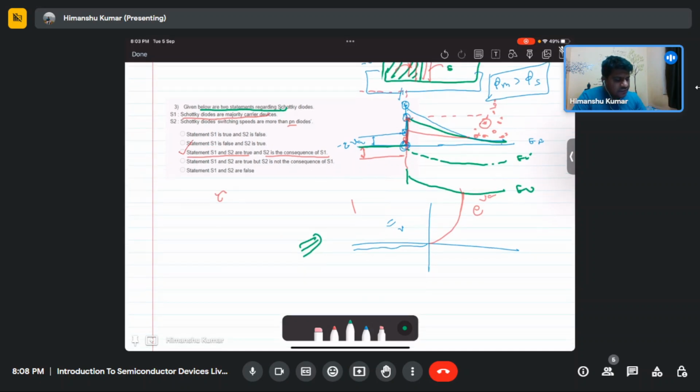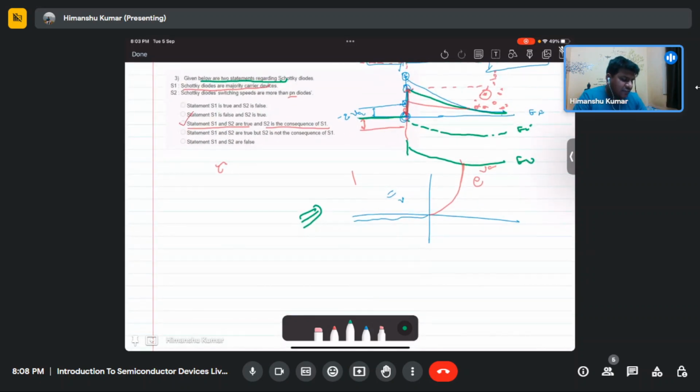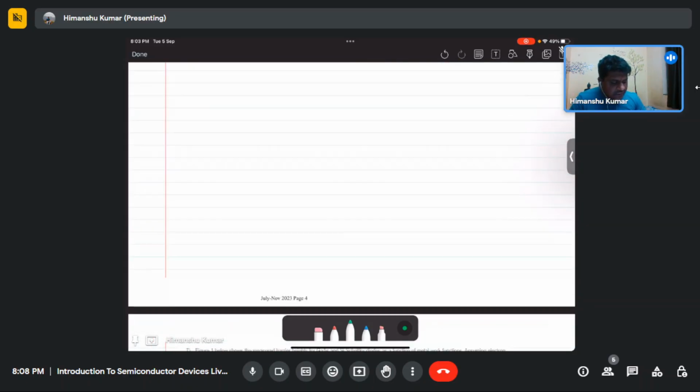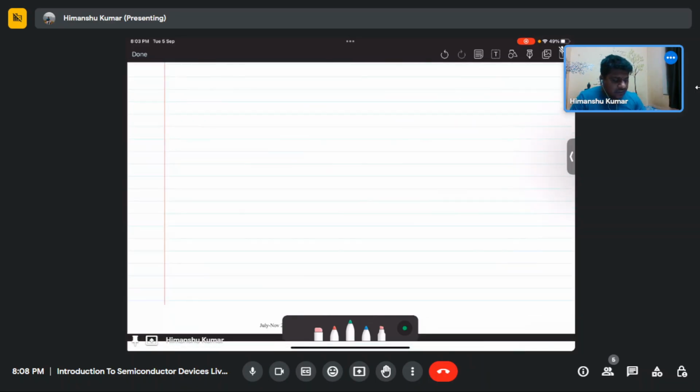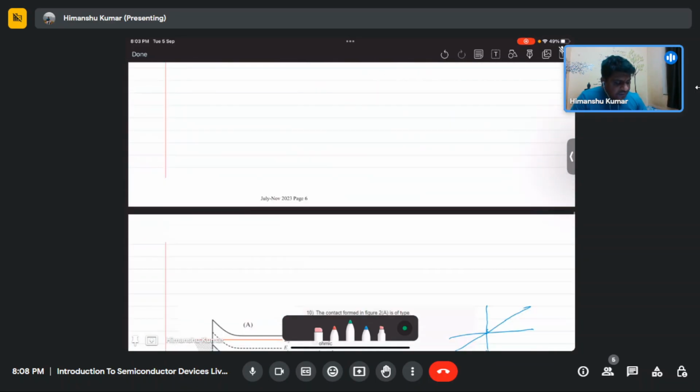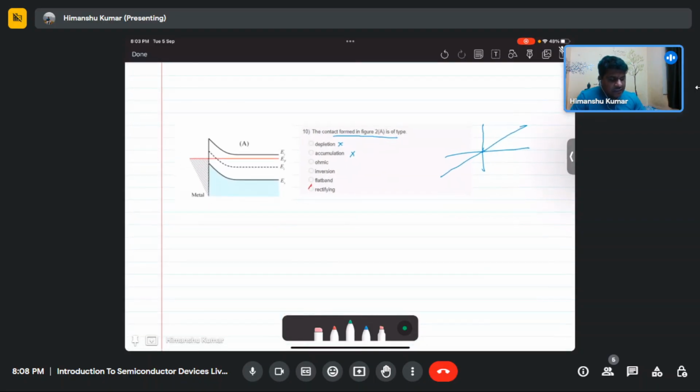As you can see, in the negative direction very small current flows, in the positive direction an exponential current flows. So basically this is a kind of rectifying contact. In one direction there is no current or very little current, in the other direction there is huge current. So we can say this is a rectifying contact.